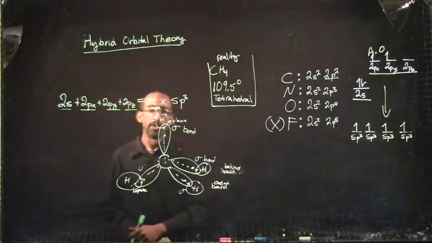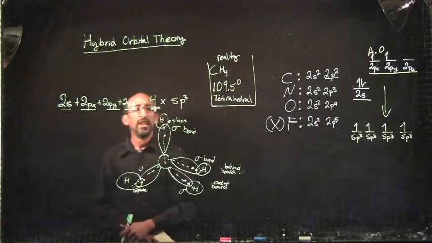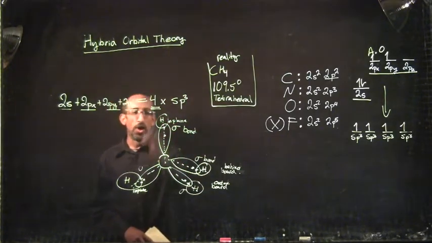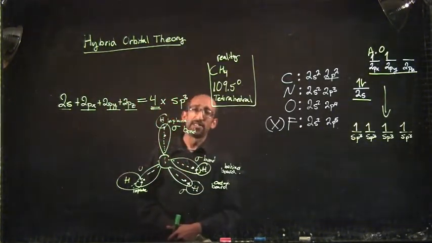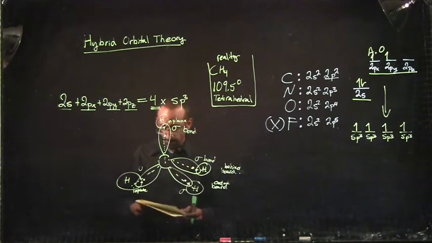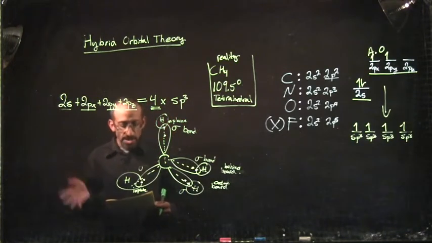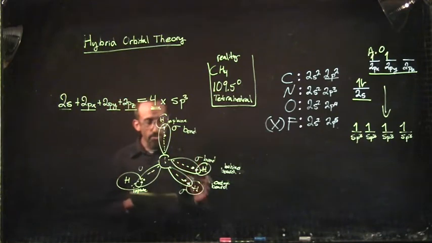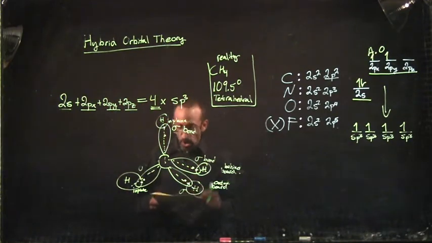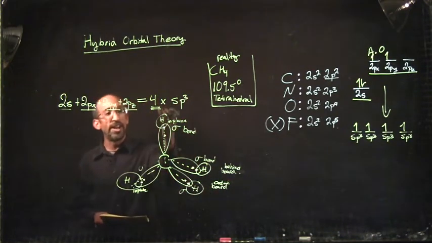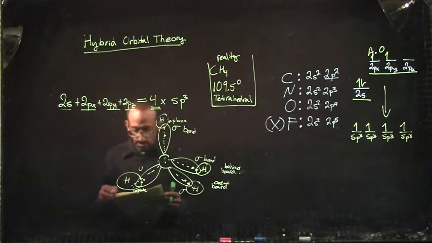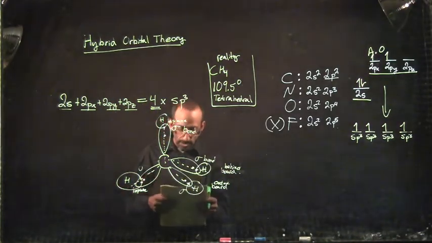So we have 4 sigma bonds. In each bond, the overlap lies on a line that's connecting the 2 nuclei. So keep in mind that when an sp3 hybrid orbital, for example on carbon, overlaps with the 1s orbital on hydrogen, this again forms our sigma bond, right?